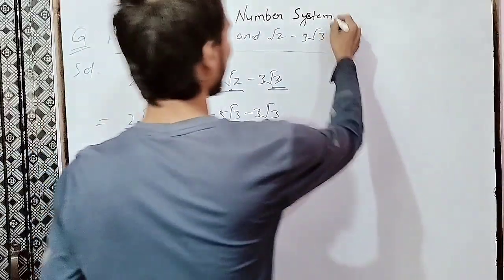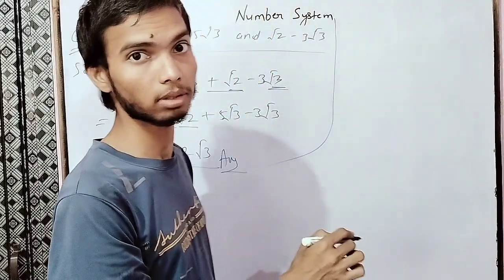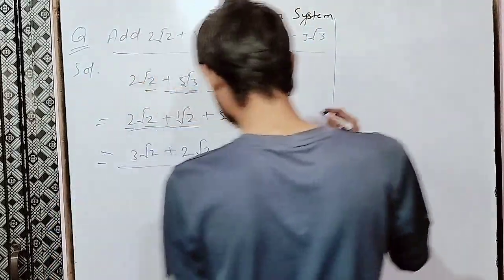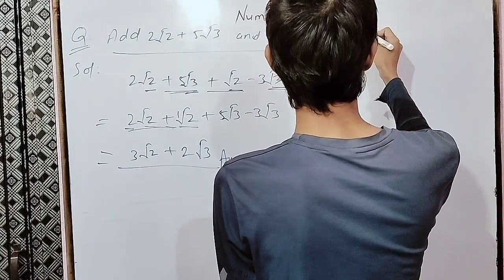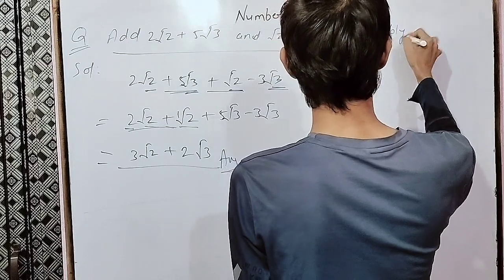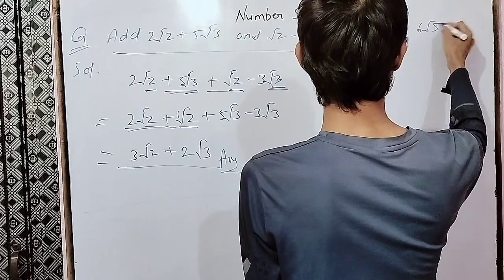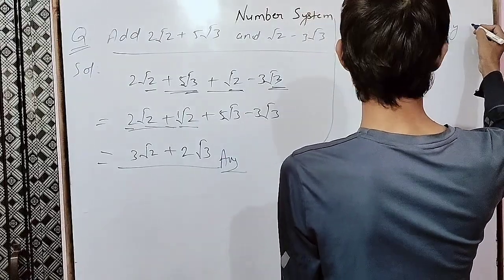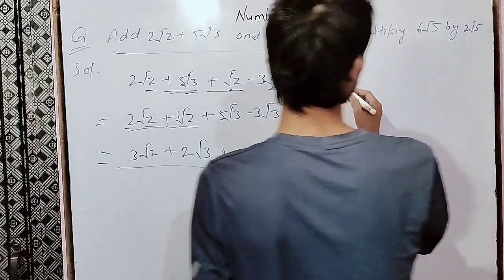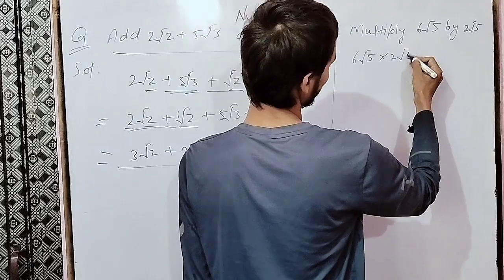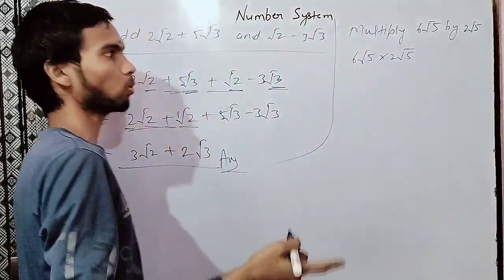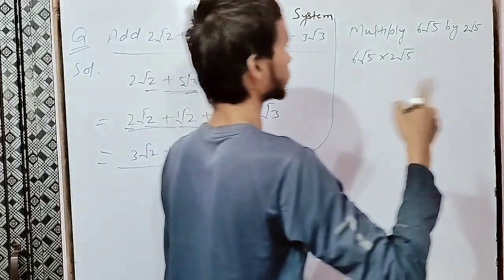Now next, what about multiplication with irrationals? Multiply 6 root 5 by 2 root 5. So it is the same, 6 root 5 multiplied by 2 root 5. So the number under the root is common.